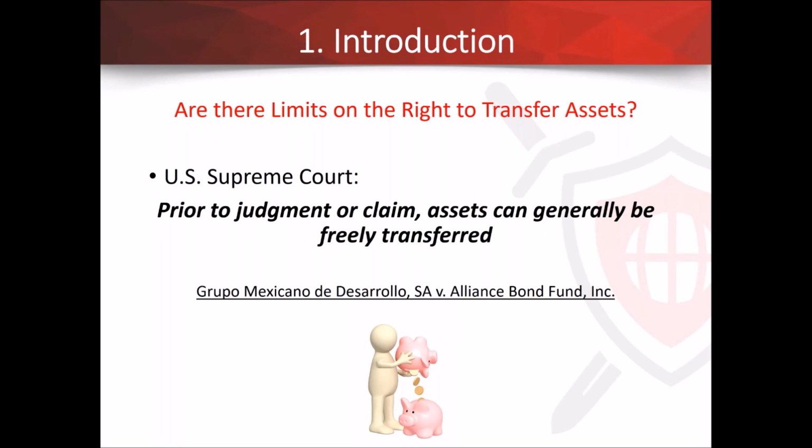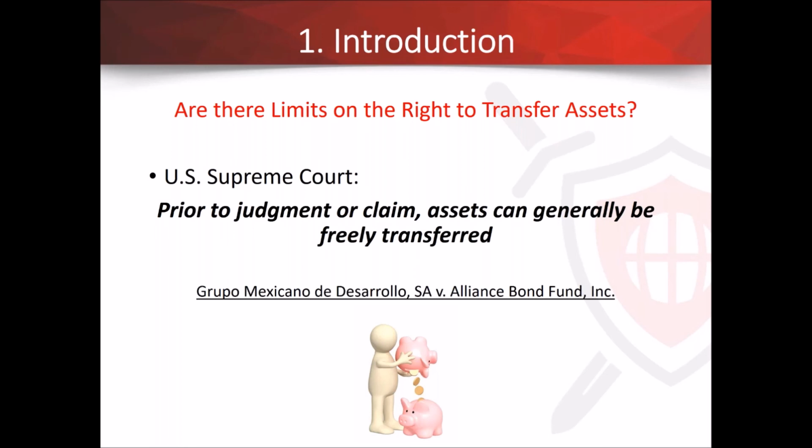So if you have a creditor, if you have a claim, or if somebody's made a demand, are you restricted from transferring assets? And what about generally? If you don't have any outstanding judgments or claims, what are the limits of transferring assets into entities, trusts, friends and family members, charities, etc.?